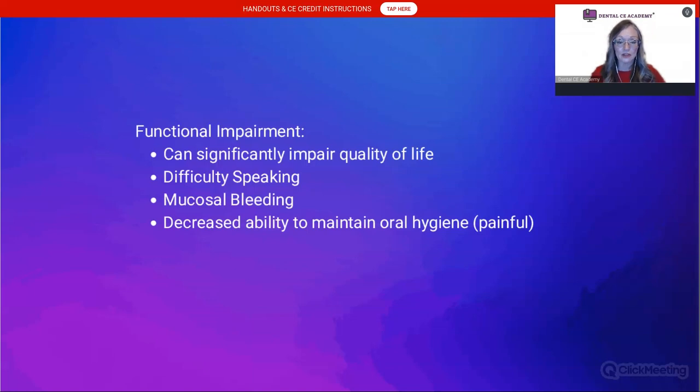Functional impairment can significantly impair the quality of life: difficulty speaking, mucosal bleeding, decreased ability to maintain oral hygiene.